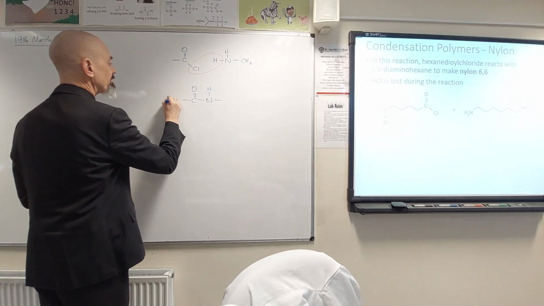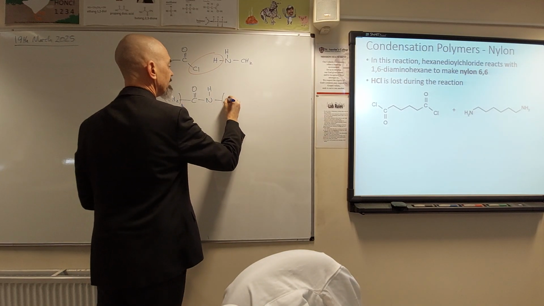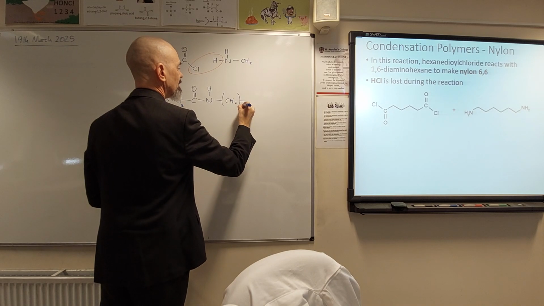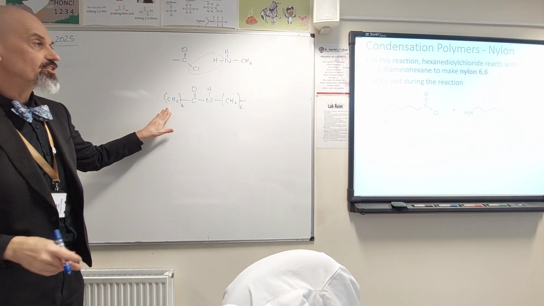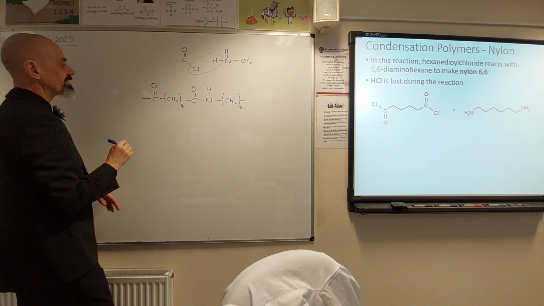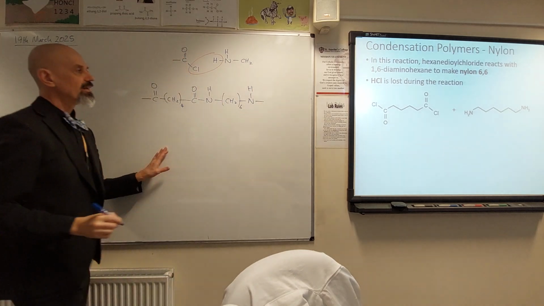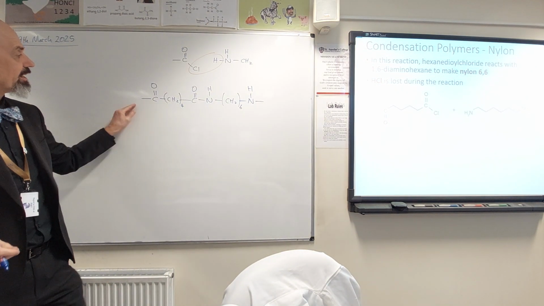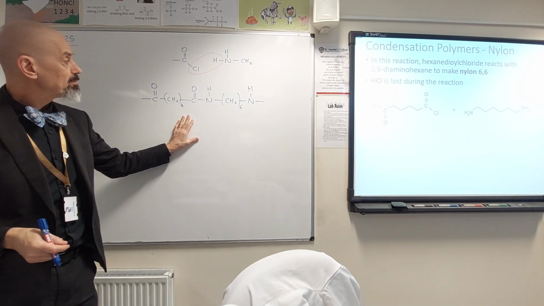And then, of course, the rest of the molecule is just going to be there. So we've got 6 CH2s on the amine side and 4 CH2s on the acid chloride side, but then that acid chloride is going to combine with a new amine to make another amide, so that bond goes into there. So that's the repeating unit of our polyamide.